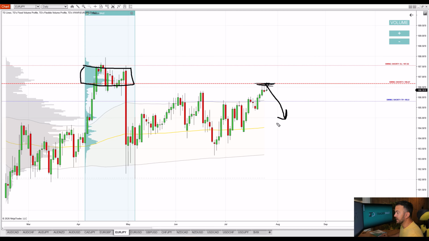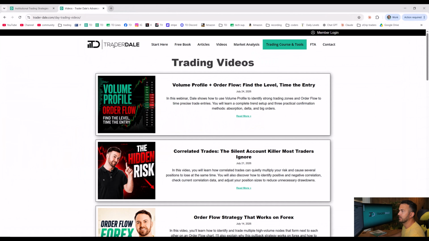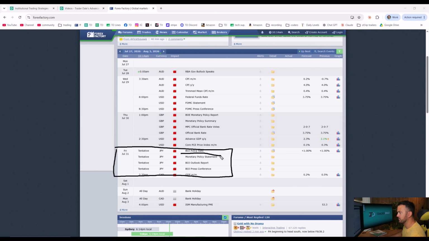One thing to be careful about is macro news on Friday. On Friday, what we have is the Bank of Japan policy rate. You can see it in here on the Forex Factory page. That's very, very strong macro news, which will affect the strength of the Japanese yen.